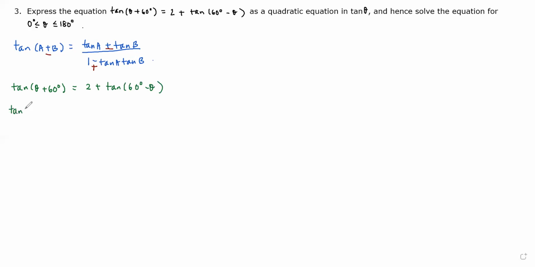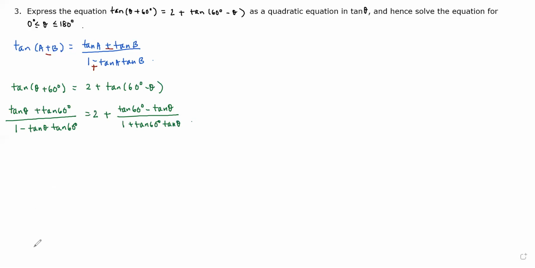That would be tangent theta plus tangent 60 degrees all over 1 minus tangent theta tangent 60 degrees. And you have 2 plus tangent of 60 degrees minus theta, which can be expanded as tangent 60 degrees minus tangent theta all over 1 plus tangent 60 degrees tangent theta.